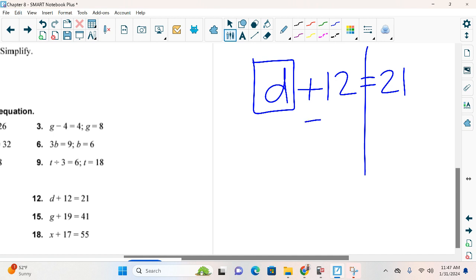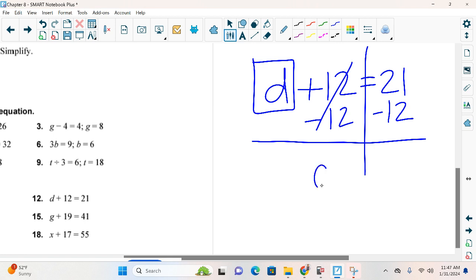So we have minus 12 on both sides. So 12 minus 12 is 0. So that cancels, and all I'm left with is D. D equals 9. We want to check it to make sense. Does 9 plus 12 equal 21? Yes. Then we know we did it correctly.